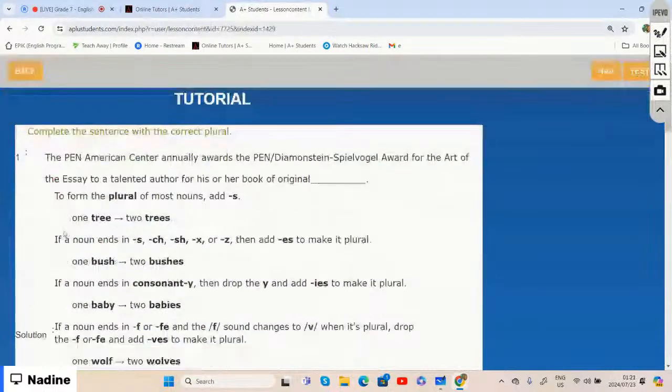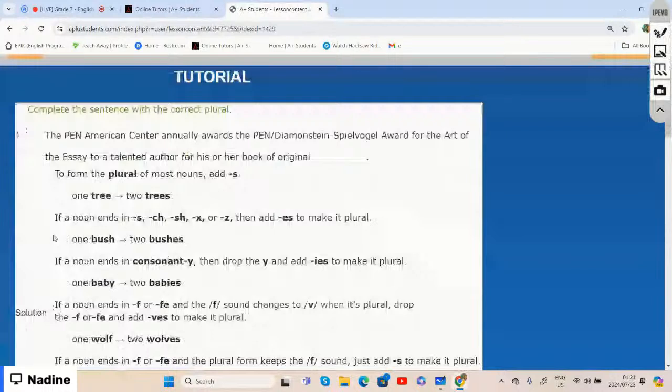And we made mention of what we need to add in order to show the plural form of certain words, right?